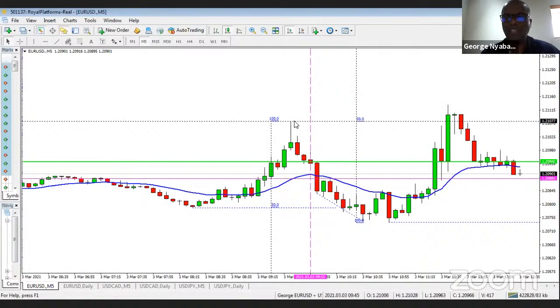So we try to break above it in this current European session, using the open of the London Stock Exchange as the open of the market.